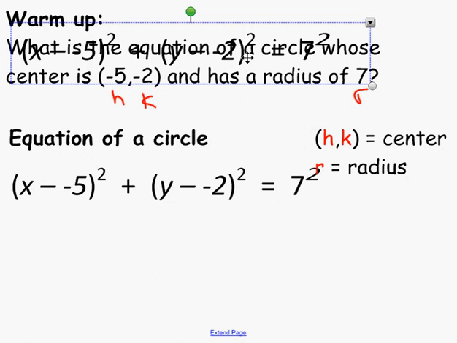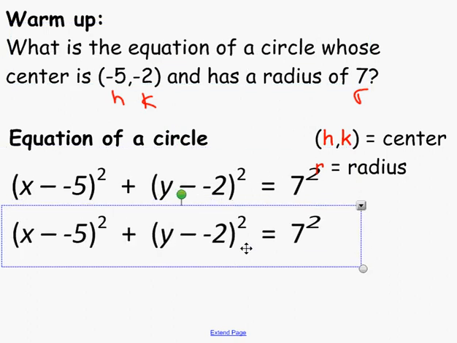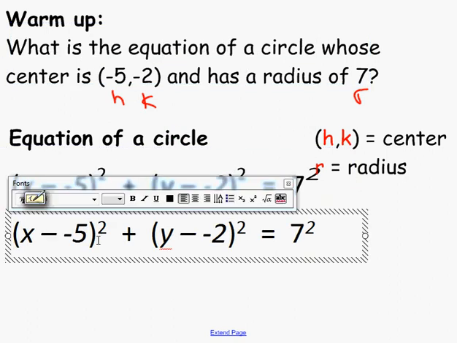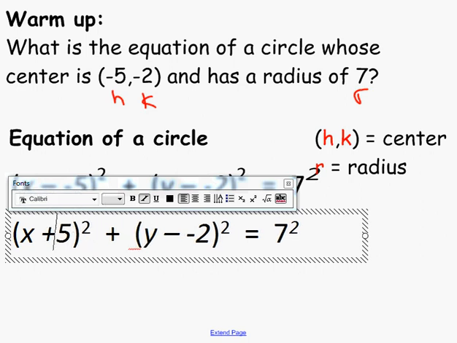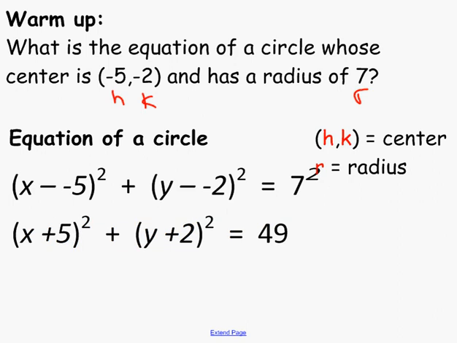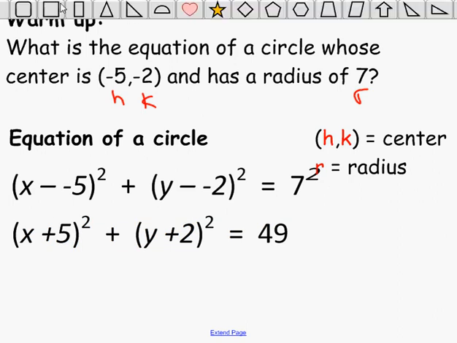What do I get when I simplify the signs and the radius squared? Well, subtracting a negative will turn this into x plus 5. And this will turn into y plus 2. And 7 squared is just 49. So this is the final answer.